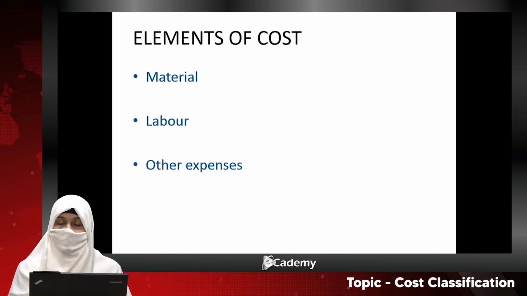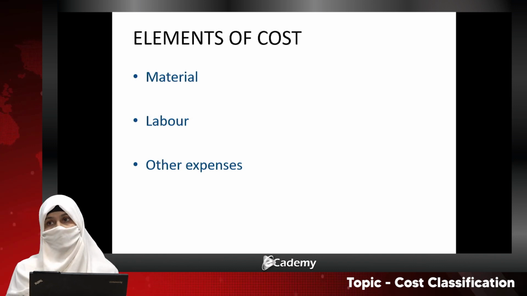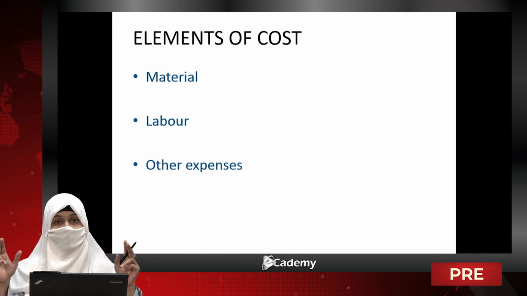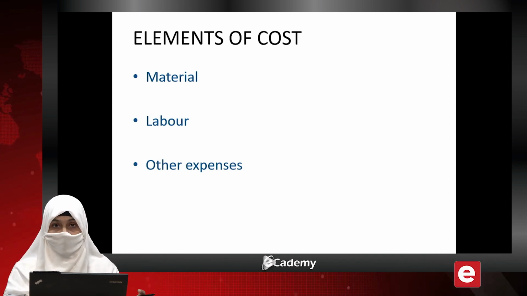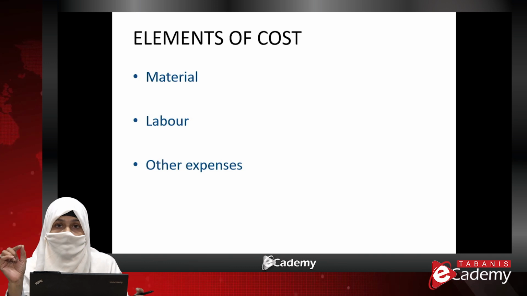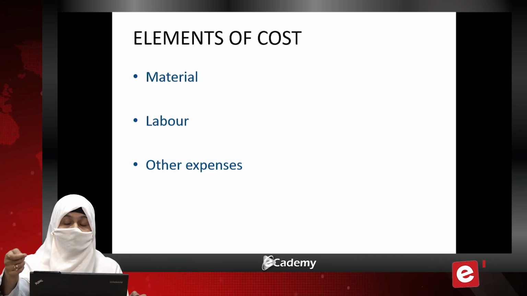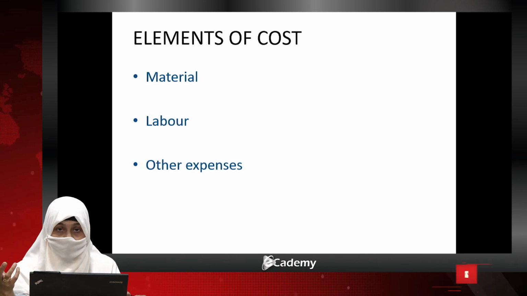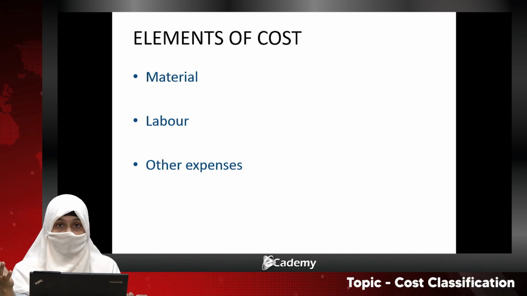The other expense is a very broad category. If any expense is not material and is not human as well, then that expense will come under the head of other expenses. For example, if I am paying the electricity bill of the organization, then the electricity bill is not a material. After paying the expense, I am not buying anything. Electricity bill is not labor also, so it comes under the head of other expenses.